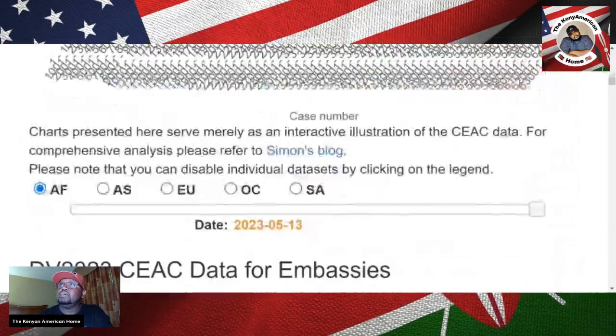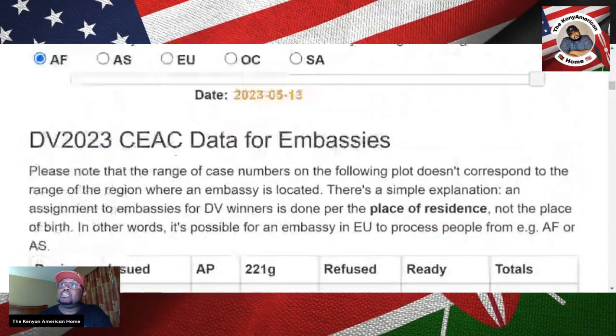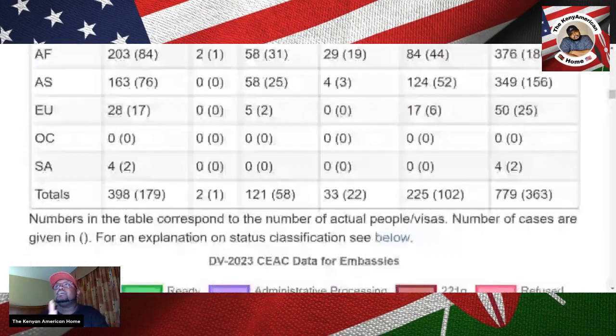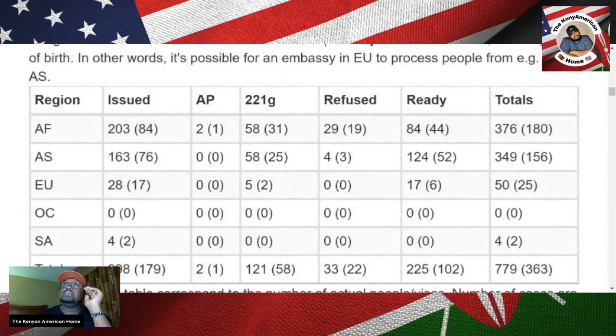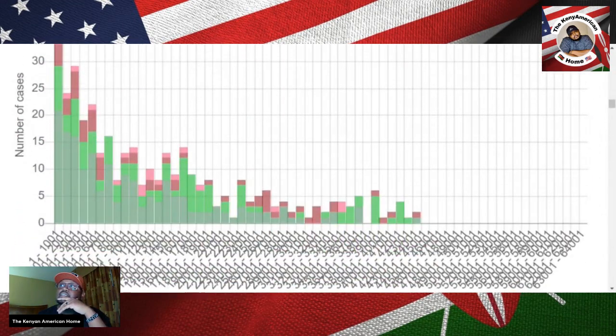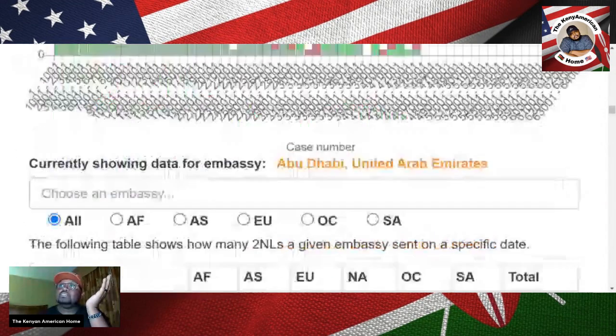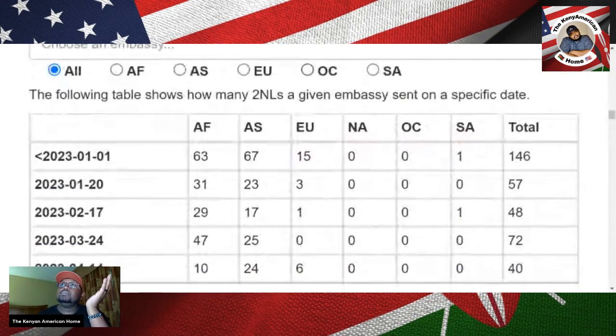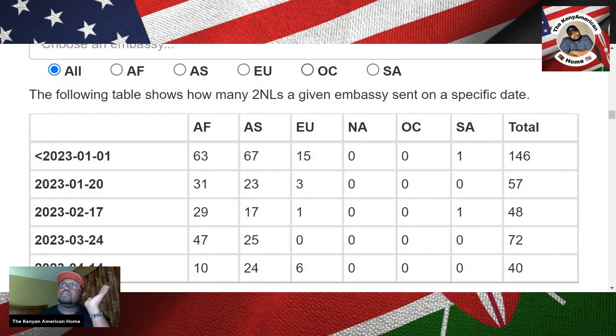4.5 months to go. So this site, and I'll share the link, they talk about the embassies and how they process some of this stuff, and each embassy is different. They talk about what Africa did each month, like how many 2NLs, which is the ready for interviews, were given.